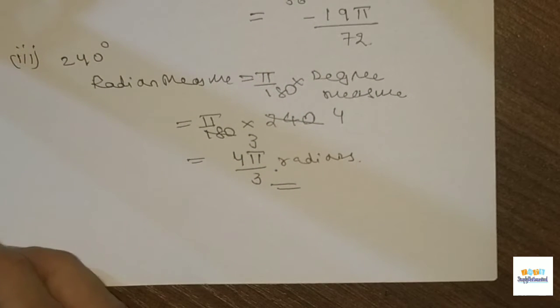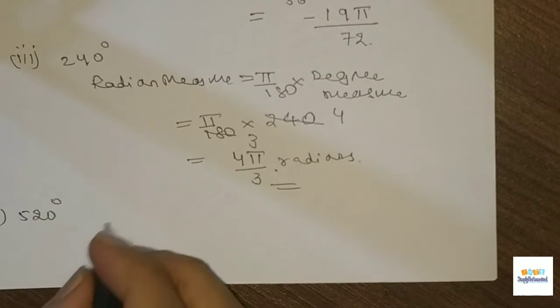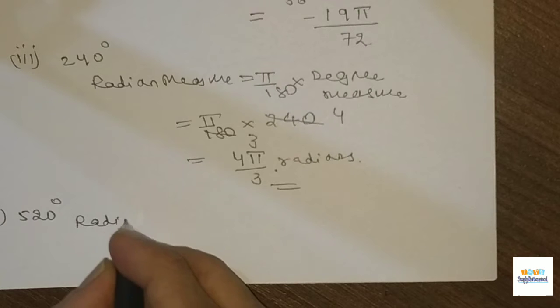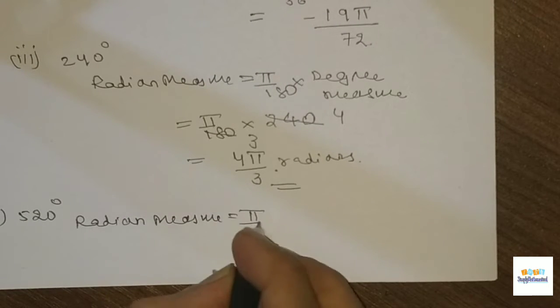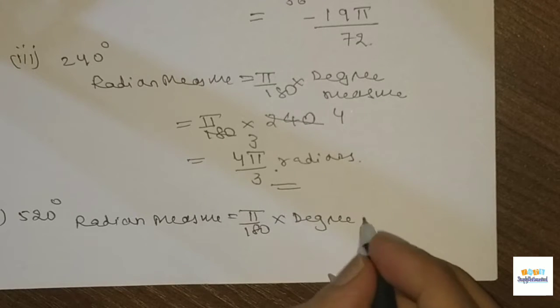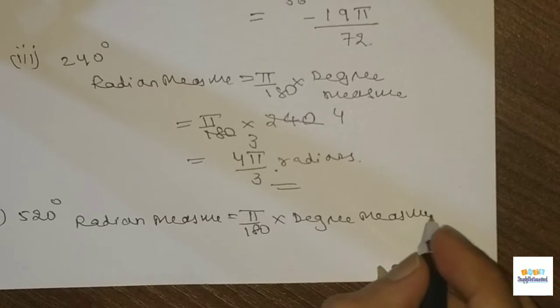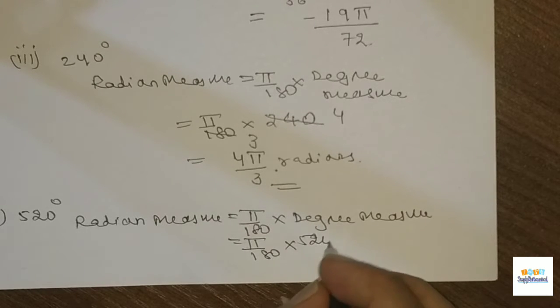The fourth one is 520 degree. Okay, so radian measure will be equal to pi by 180 multiplied by degree measure. Okay, so you will get pi by 180 multiplied by 520.